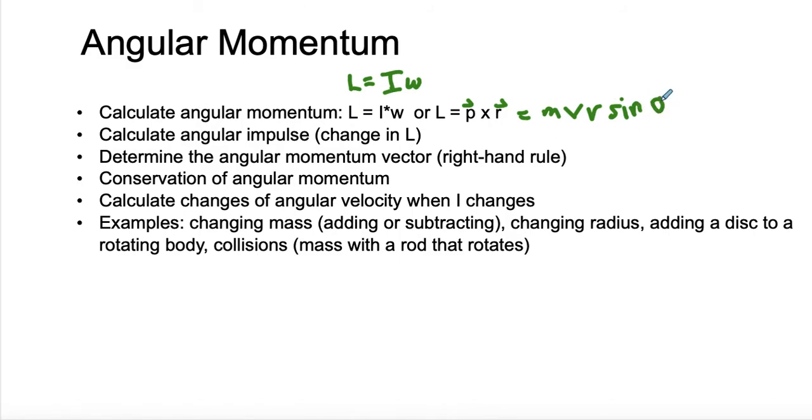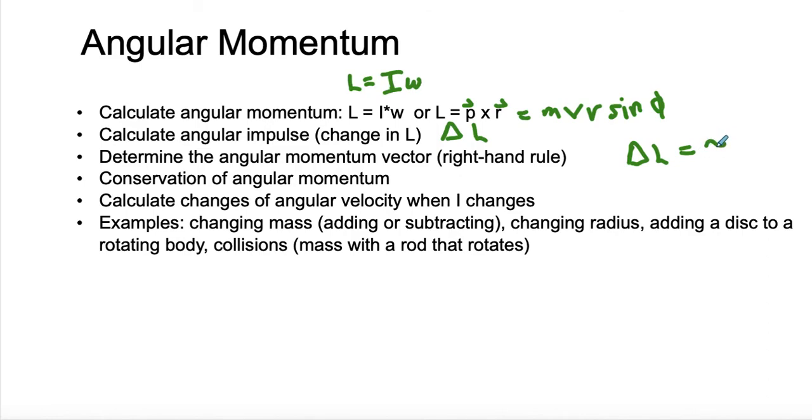So there you go. Calculate the angular impulse. Angular impulse is your change in L. So there is two ways to calculate this, but in terms of calculus and in terms of if you have a constant torque. But change in momentum is force times time.